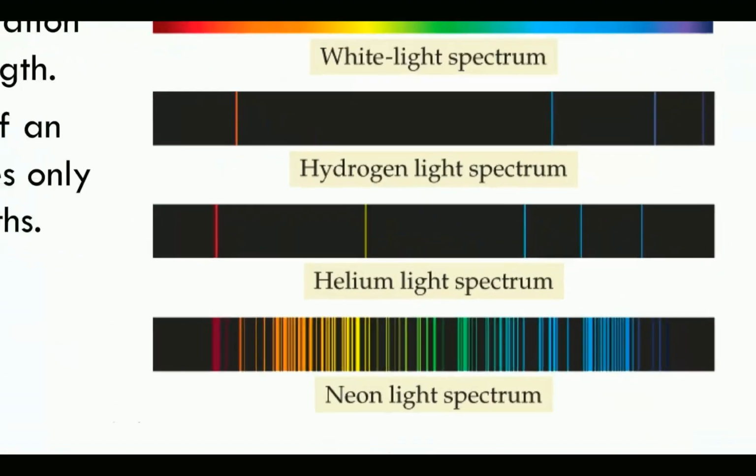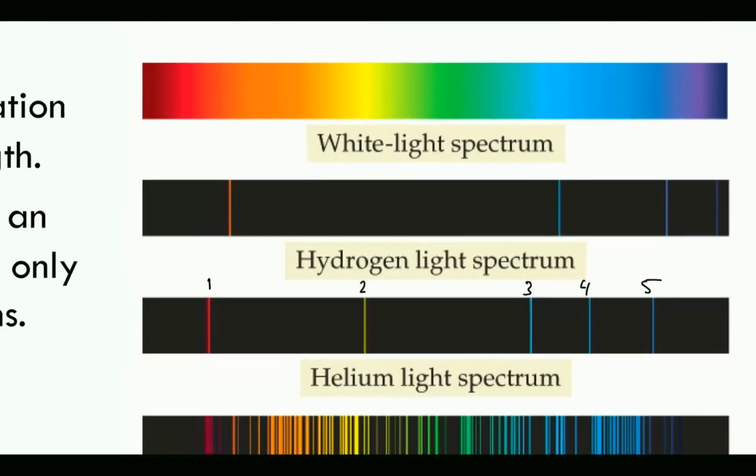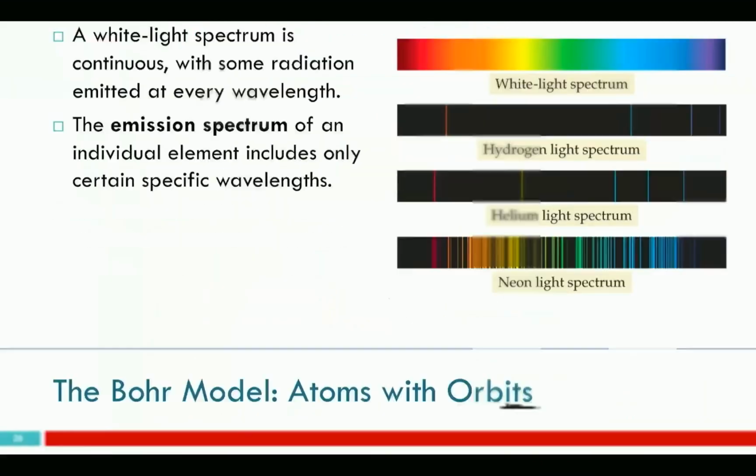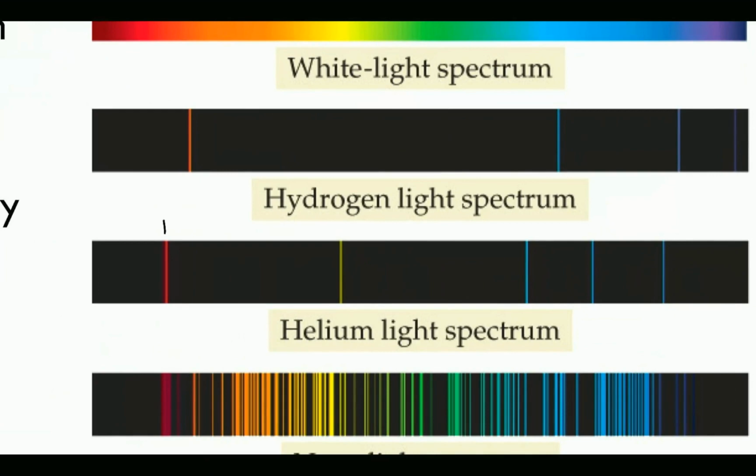So we go back up here for hydrogen, right? We got, remember these, 1, 2, 3, 4, 5. Oh wait, that's helium. Actually, this graph might be for helium because there's 5. So let's do that. 1, 2, 3, 4, and then 5.